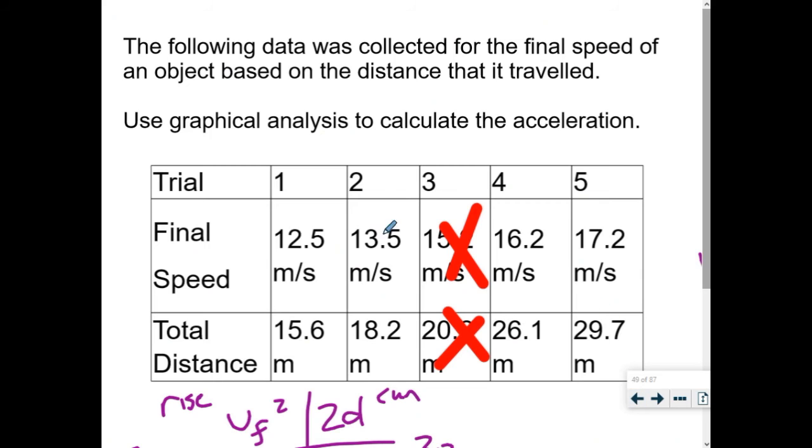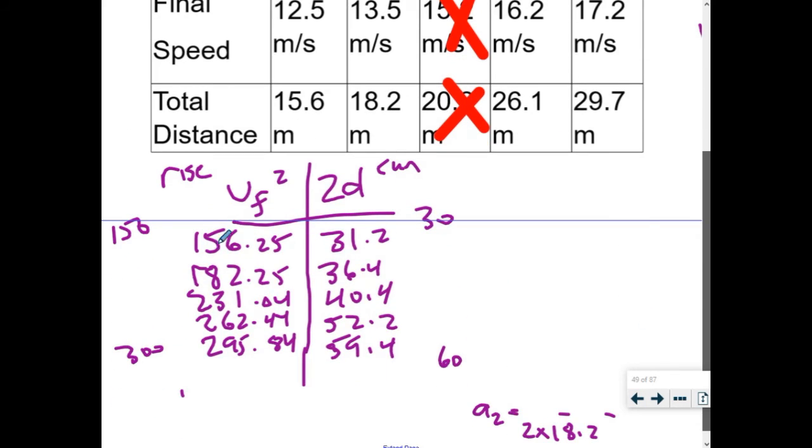Now, here's the thing you could do. You could go back and take this data here. Remember the data that we plotted? I could look at all these points again. I could take this and divide by this. So I'm going to try it. 156.25 divided by 31.2 gave me a 5.008. Okay, cool. And when I took 182.25 and I divided by 36.4, it gave me 5.0068. All right.